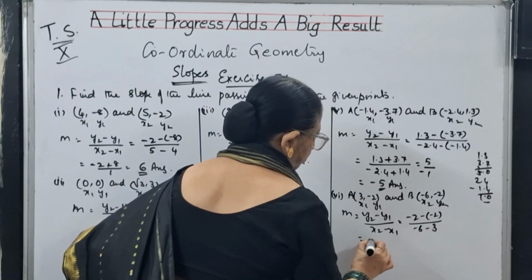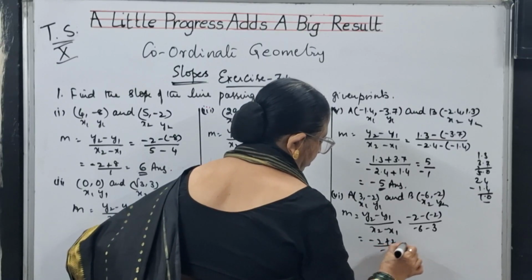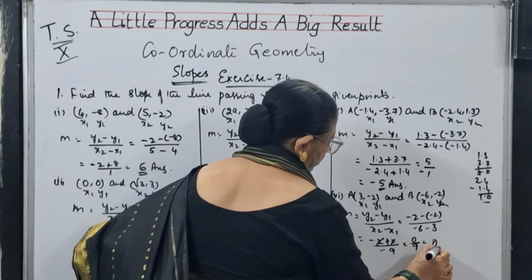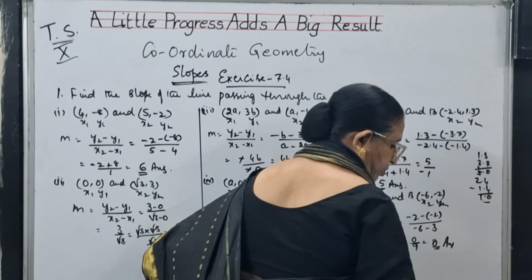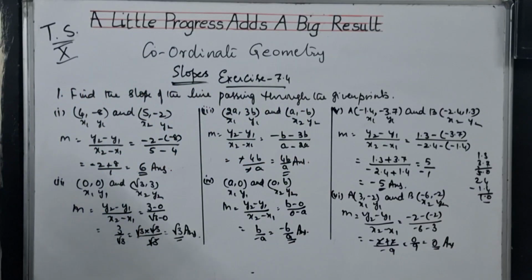So that is equal to minus 2 plus 2 by minus 9. These two will get cancelled. 0 by 9. 0 is the answer. So up to this you copy, children. Remaining bits I will be doing after rubbing this.